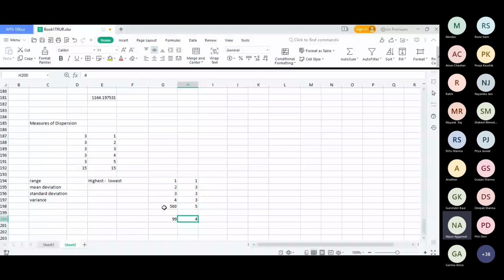Outliers are some extreme values in the data. So if we want to find outliers, we can use the range. For example, we have made a questionnaire and we are representing the data in the form of 1, 2, 3, 4, 5. On a scale of 5, we are asking the respondents to give their answers.